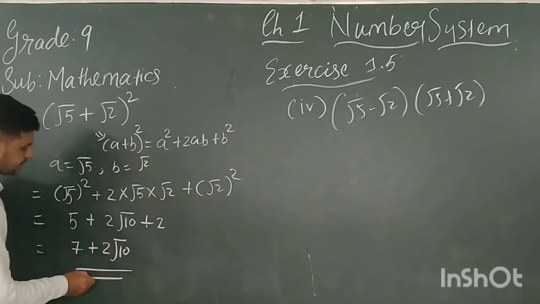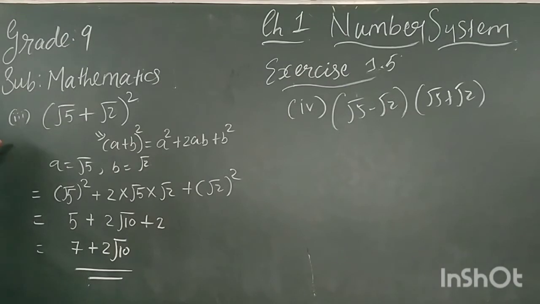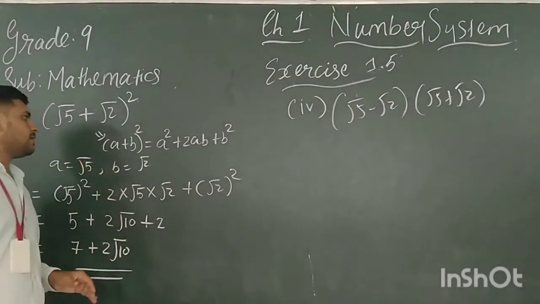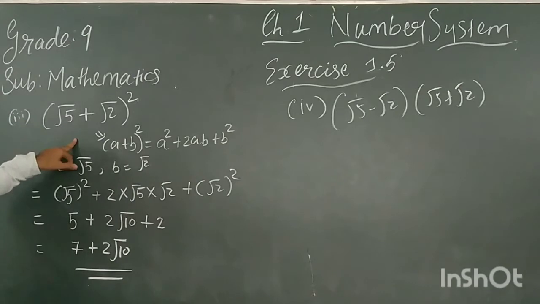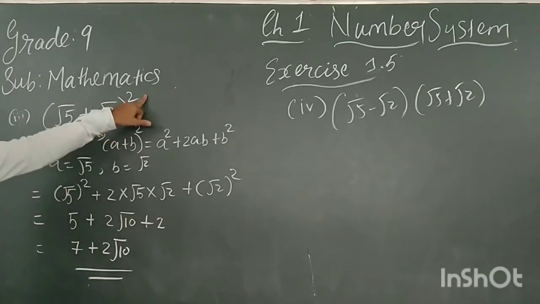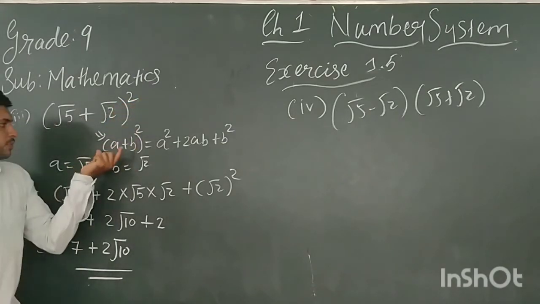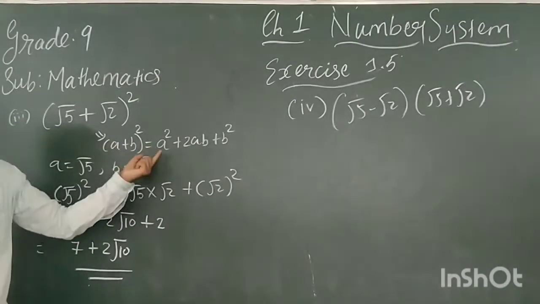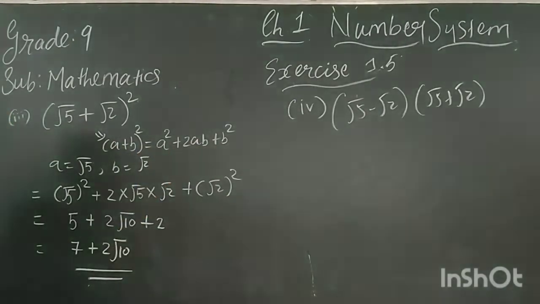Students, this is your final answer in example number 3. The question was (root 5 plus root 2) the whole square. Right from the sum, we came to know about a formula, that was (a plus b) the whole square. We wrote the formula for simplicity, a square plus 2ab plus b square.